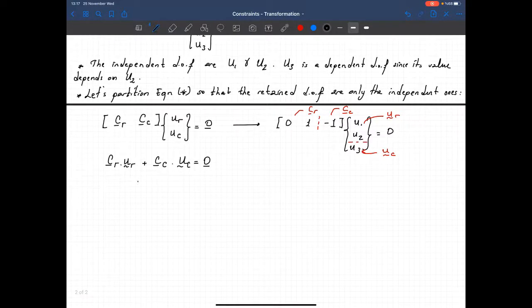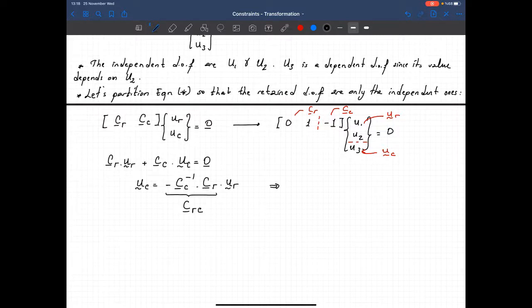Then in that case, UC will be equal to minus CC inverse multiplied by CR times UR, okay? And I'm calling this matrix our RC matrix. Okay?